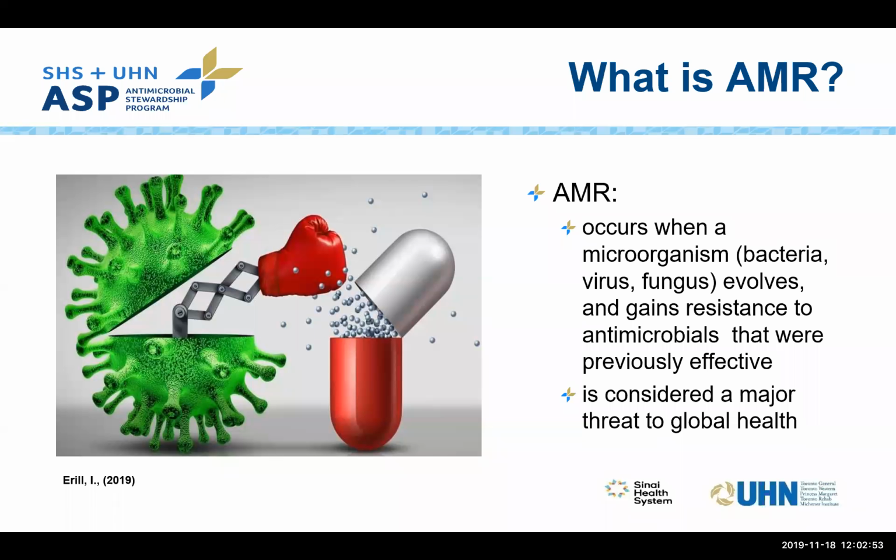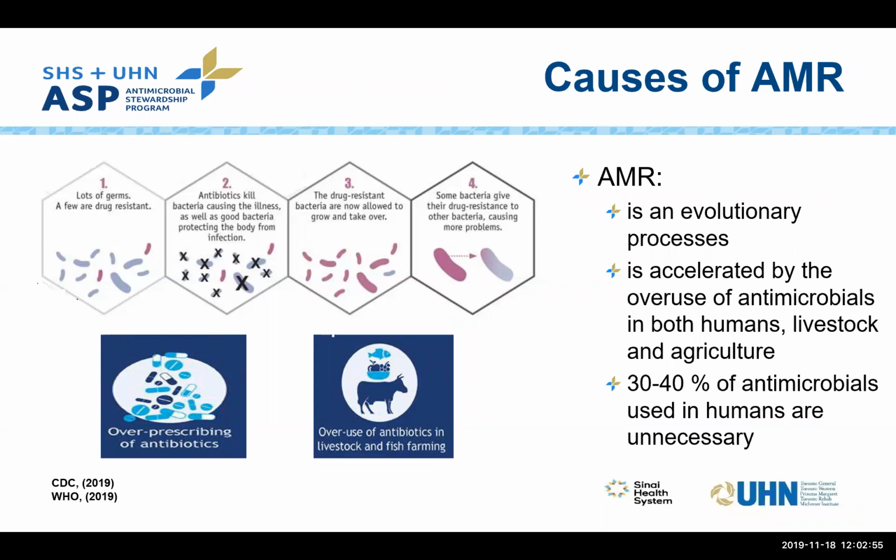Let's talk a little bit about the causes of antimicrobial resistance, and is there anything that we could do to stop it? If I had to give a short answer, the answer would be no. We cannot stop antimicrobial resistance because it is believed to be an evolutionary process. But what we know from the evidence is that antimicrobial resistance is accelerated by the overuse of antimicrobials in humans, livestock, and agriculture.